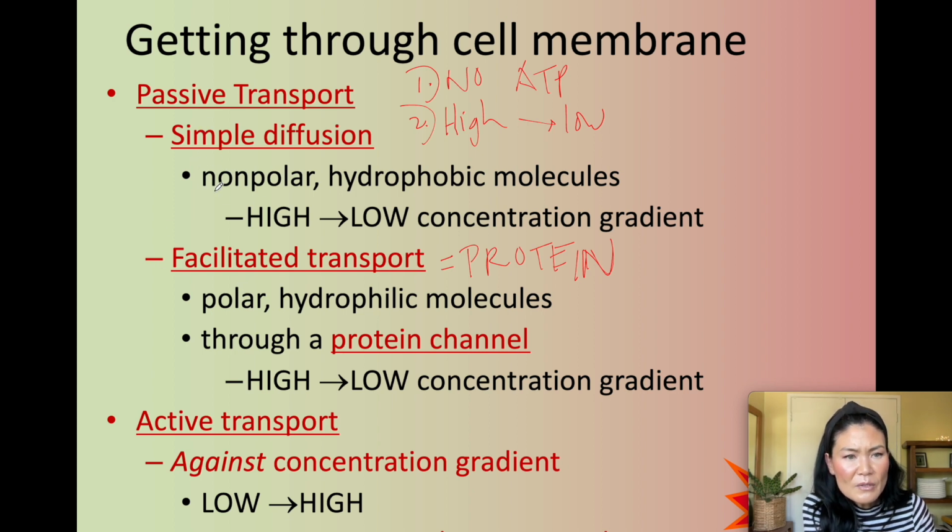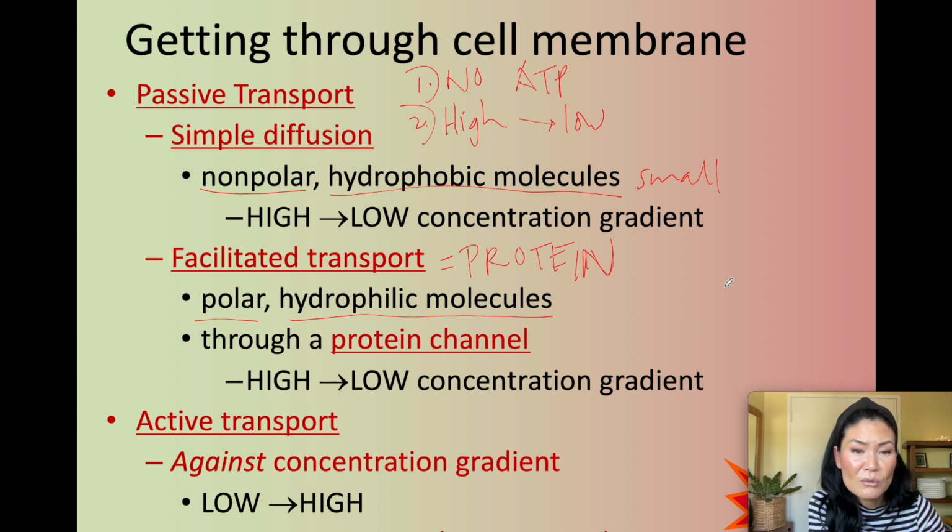So for simple diffusion, nonpolar, hydrophobic, small, I should add small in there, molecules can simply diffuse through the phospholipid bilayer. Whereas with facilitated diffusion using a protein, you're dealing with polar, hydrophilic molecules that cannot simply come through the phospholipid bilayer. They have to go through a protein channel. Active transport, yes, requires ATP.